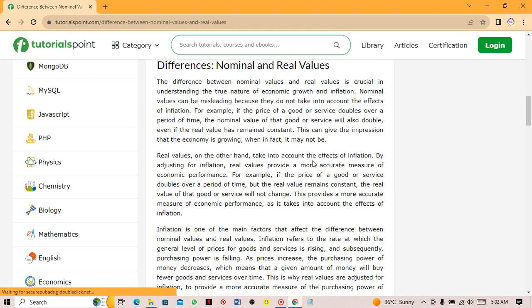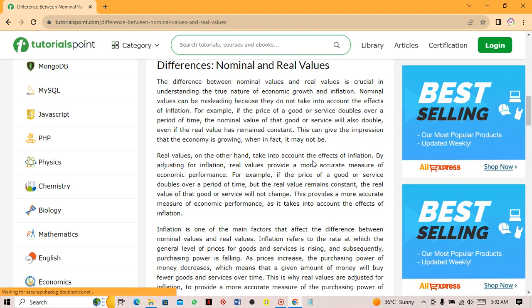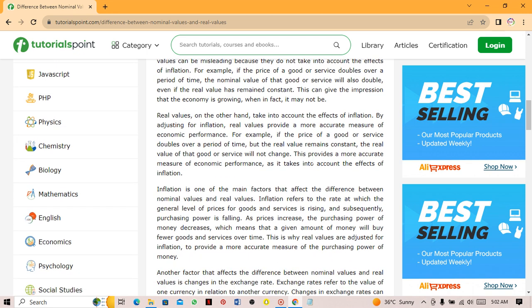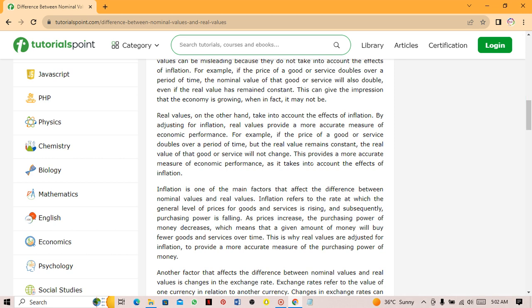For example, if the price of a good or service doubles over a period of time, the nominal value of that good or service will also double. Even if the real value has remained constant, this can give the impression that the economy is growing when in fact it may not be.